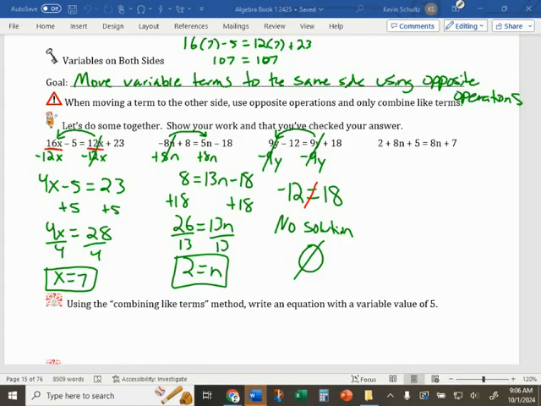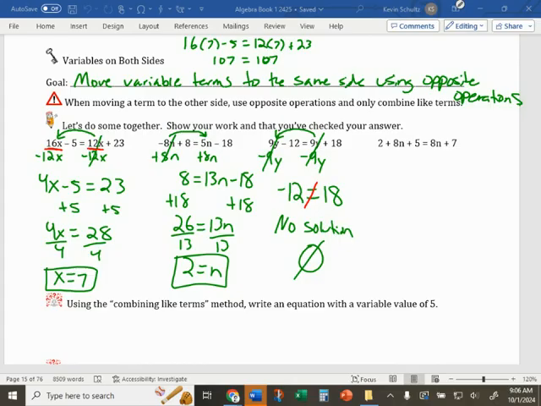You can't plug 0 into this equation and make it true, because if you do, you get negative 12 is equal to 18, which is not the case. So if your equation's untrue, it's no solution.